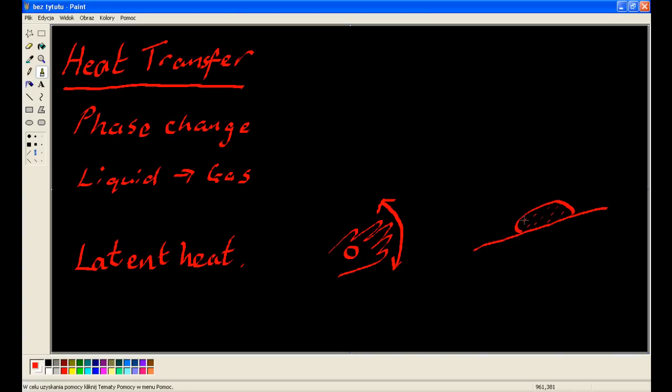But when the water molecule moves into the air, it's taken that vibrational energy, that kinetic energy, away from the water. So the actual temperature of the water goes down, and that's why your hand feels cold. In the atmosphere on planet Earth, this is a very important mechanism which transfers heat from the ground or from the sea up into the atmosphere.